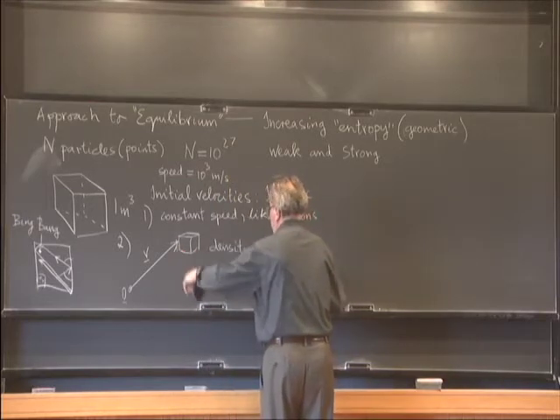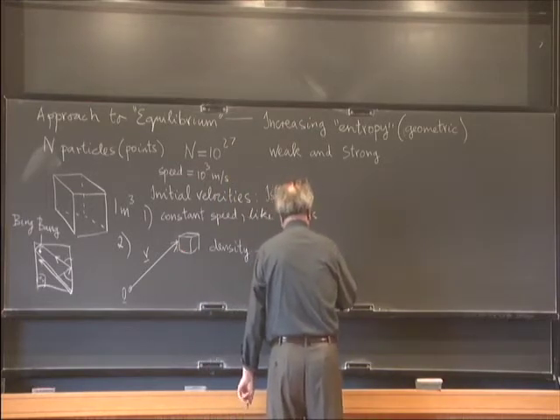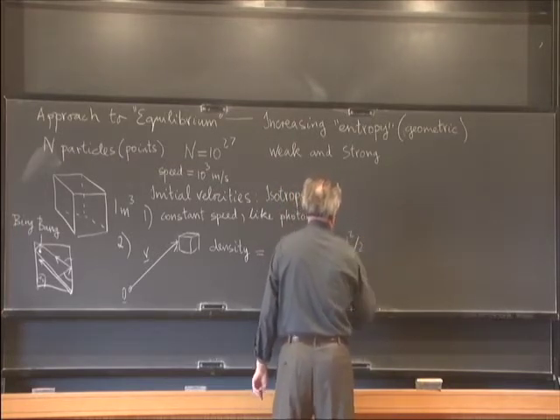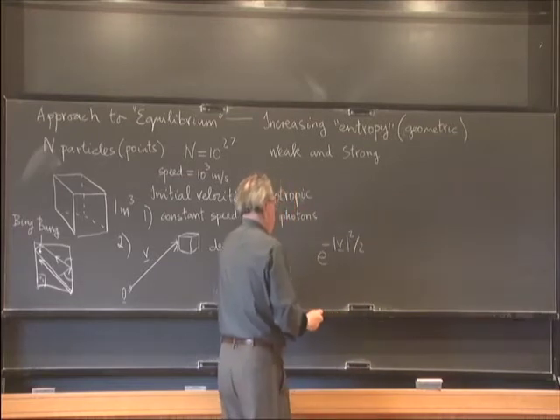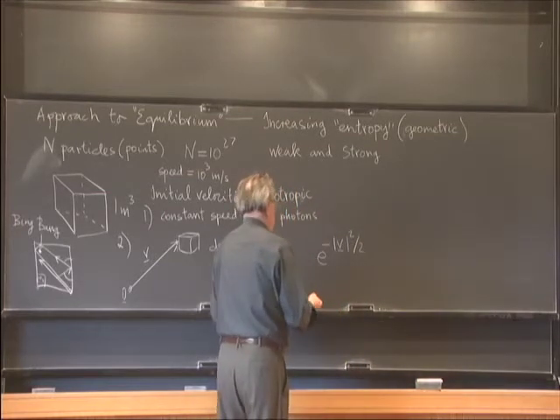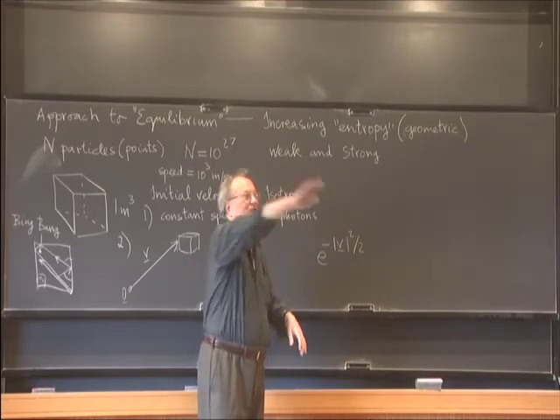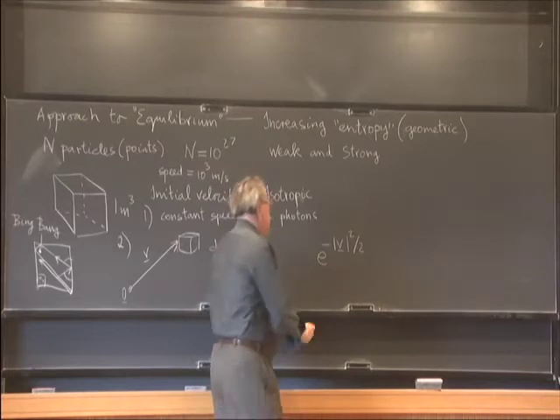So for velocity v, the density function is e to the negative v magnitude squared over 2, and because the magnitude is fixed on the sphere, it is isotropic.